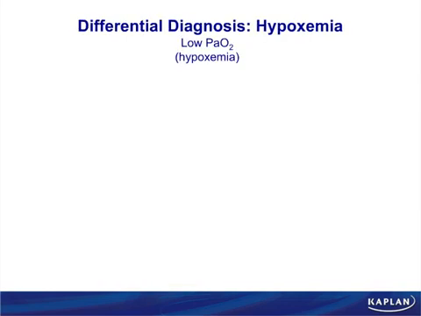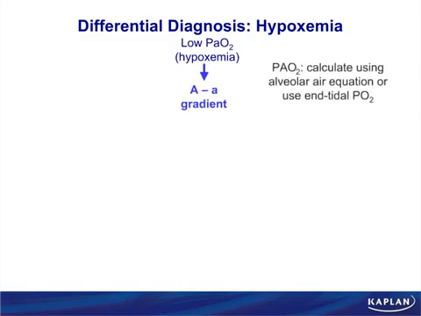And here's a little extra slide I've given to you that's not specifically in the book, as a way to diagnose hypoxemia. Again, hypoxemia is low arterial PO2. All right, what's the first step? Calculate the AA gradient. Alveolar PO2 you calculate using the alveolar air equation, or they may give it to you if they give you end-tidal PO2.